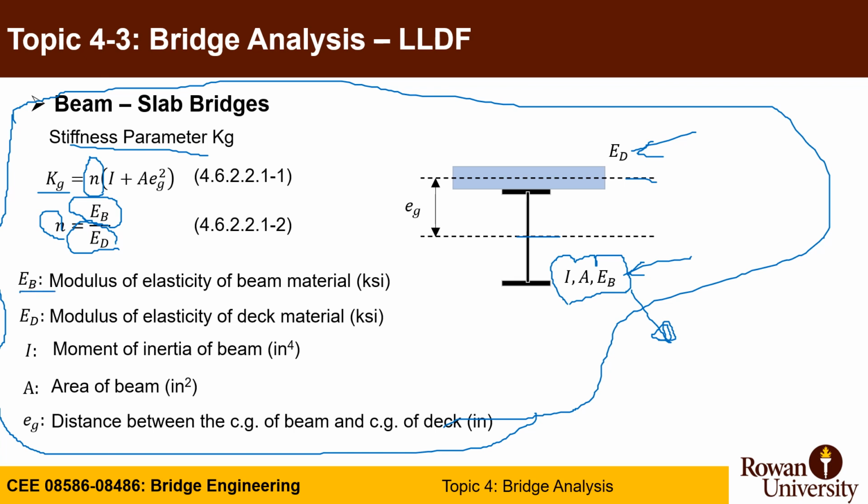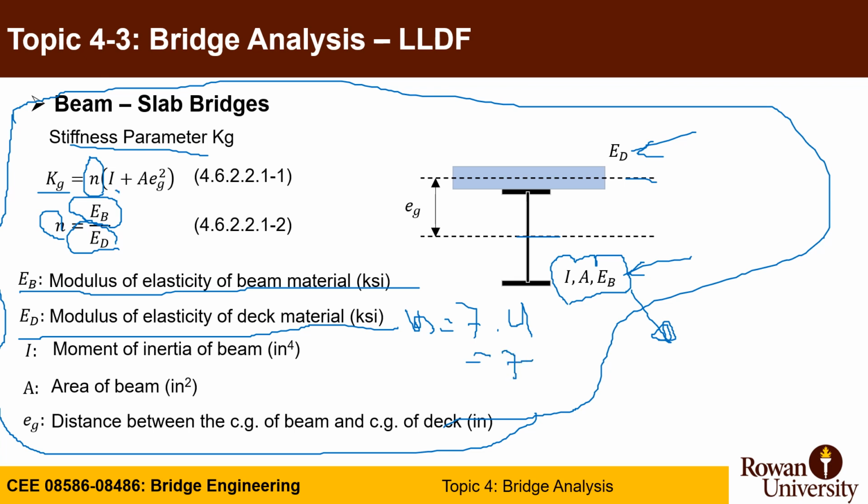So you take this ratio between the modulus of elasticity of the material of the girder or beam and that of the deck, and this n you have to take as an integer number. So if it's 7.9, 7.4 or 7.8, you take it as 7.